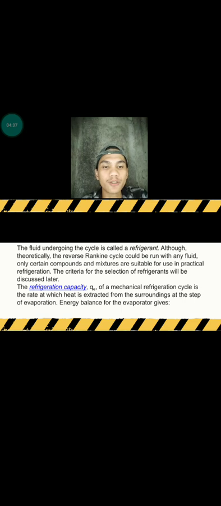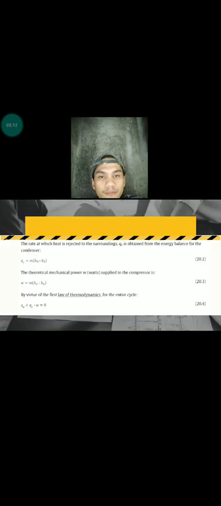Energy balance for the evaporator gives QE equal to M times (H1 minus H4), where M equals the rate of circulation of the refrigerant, kilograms per second, and H1, H2, etc. are the specific enthalpy of the refrigerant at points 1, 2, etc., joules per kilogram.